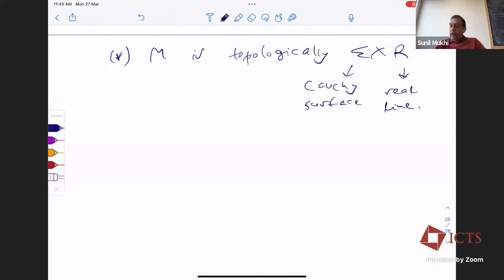Now, topologically sigma cross R does not mean that as a differentiable manifold it's sigma cross R, because that would be a manifold where the components of the metric g with one index in R and one index on sigma would have to vanish. That's not what we're saying at all.